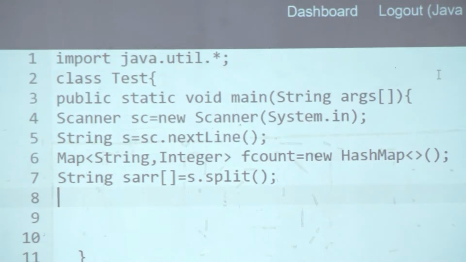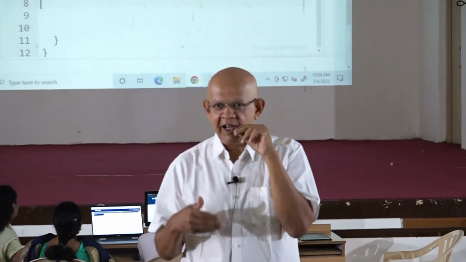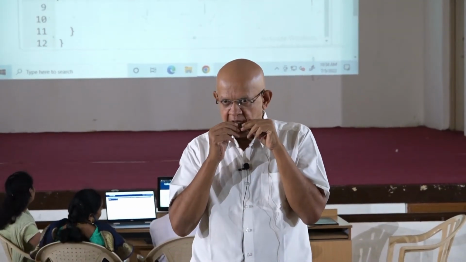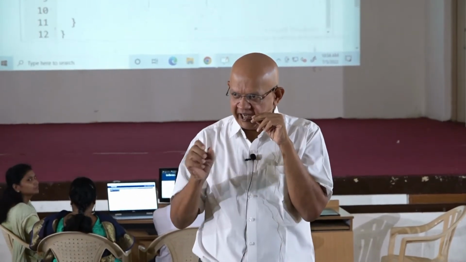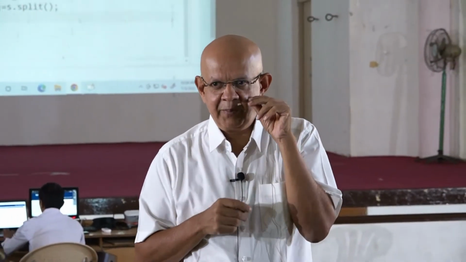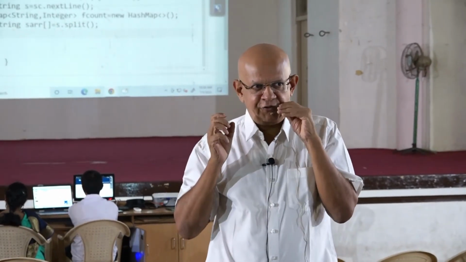Okay? Now, what should I do? I should go through each word, check whether this word is already there in the dictionary. If the word is already there in the dictionary, then I should add to the value.